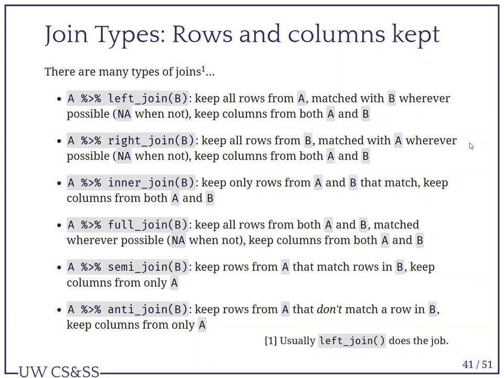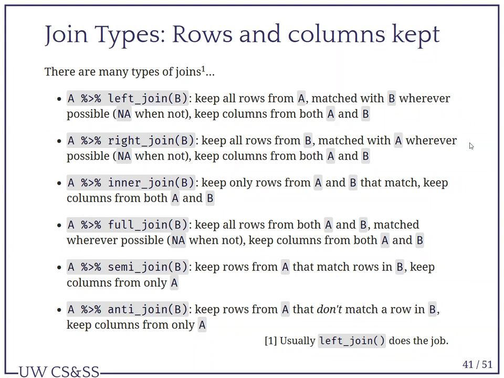A full join keeps all rows from A and B, matches wherever possible, and makes an NA for all the things that don't match, and it keeps all of the columns from A and B. So this one just says everything gets slapped together, and if it doesn't match, it's all NAs, don't worry about it. I do not use full join very often for the same reason. I don't typically need to keep all of these extra NAs for the kinds of joins I do in my work.